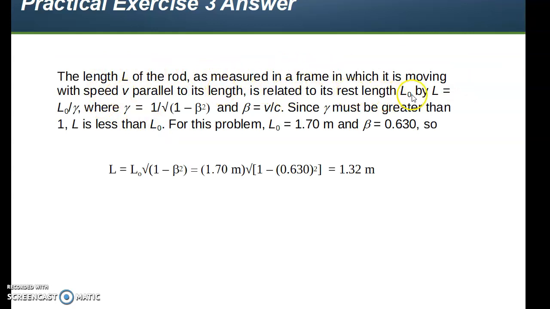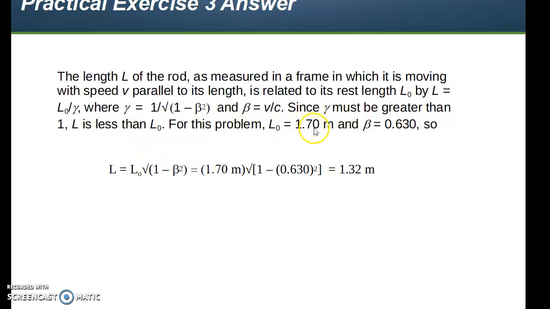It's related to the rest length, L0, by L equals L0 divided by gamma, where gamma is the Lorentz factor, 1 over the square root of 1 minus beta squared, and beta is the speed parameter, v over c. Since gamma must be greater than 1, L is less than L0.